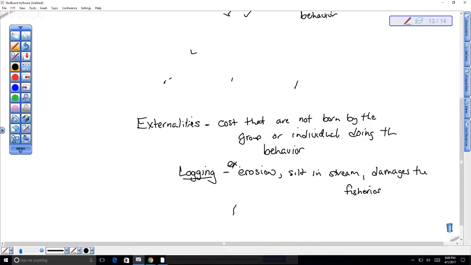If you think about logging in the tropical rainforest, they're just slash and burn. They cut it down and set it on fire, and then they plant their crops. Well, a cost would be that they're eliminating that forest that was actually absorbing CO2. And so that's an externality to logging in tropical rainforests, that the cost would be an increase in greenhouse gases in the atmosphere.